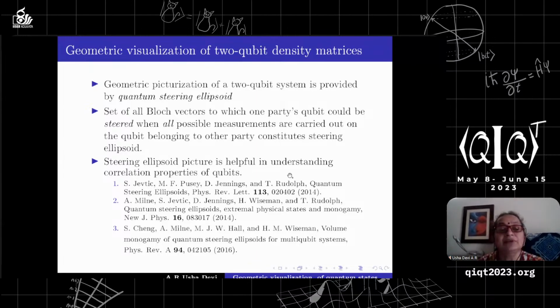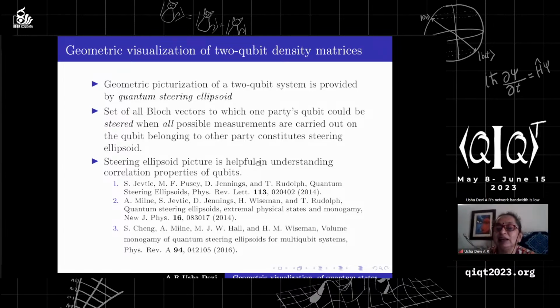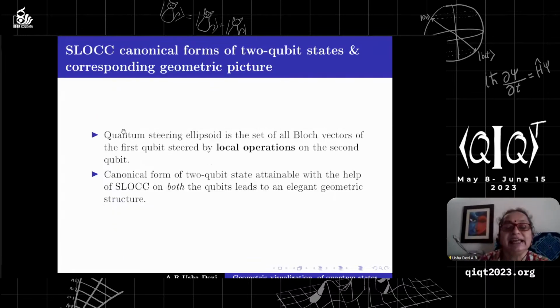Now the steering ellipsoid picture is helpful in understanding various correlation properties, monogamy, entanglement, quantum discord. It has been used, and these are some of the very interesting references on the steering ellipsoid. But what we wanted to do was to look at what is the difference in this picture. The quantum steering ellipsoid is the set of all Bloch vectors of the first qubit steered by local operations on only the second qubit.